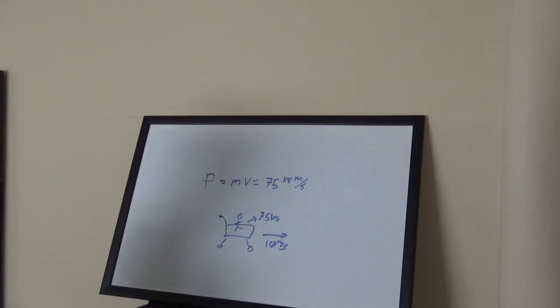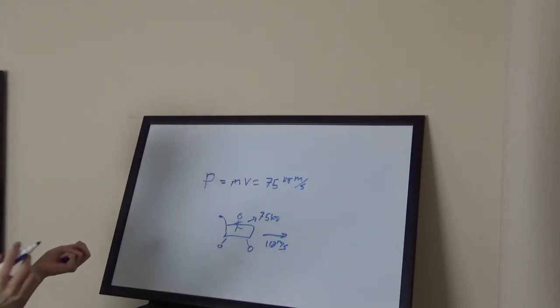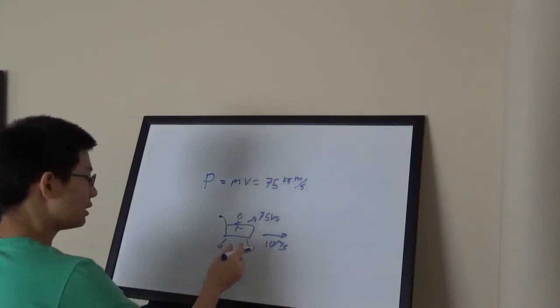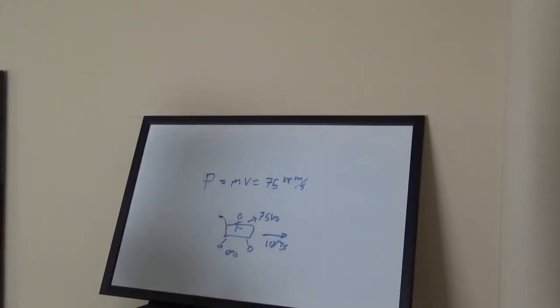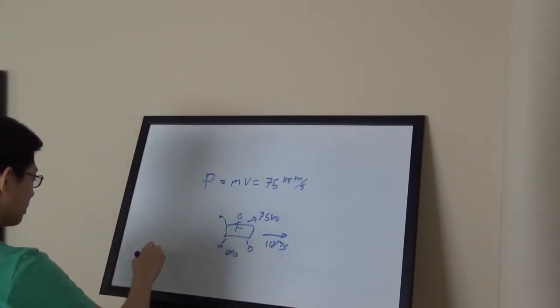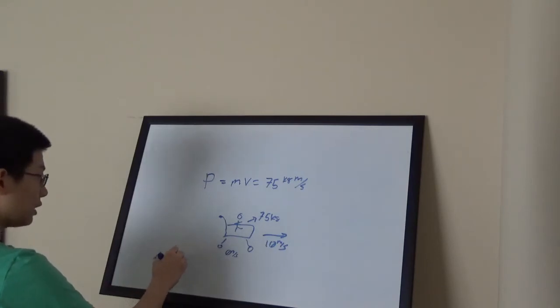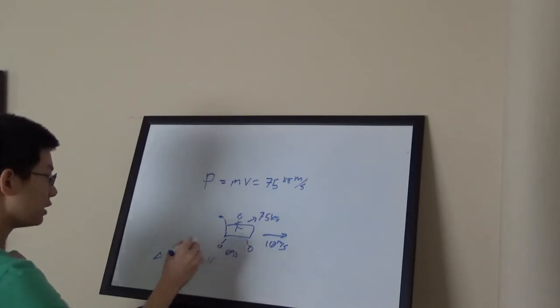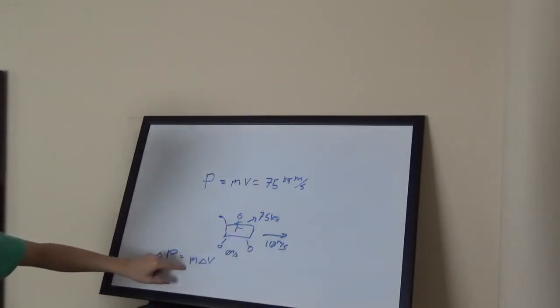But what if I want to find my change in momentum? Let's say originally I started at 0 meters per second, and then I changed to 10 meters per second. To find my change in momentum, delta p, I just have to do my mass times my change in velocity. Why mass times change in velocity, not change in both?